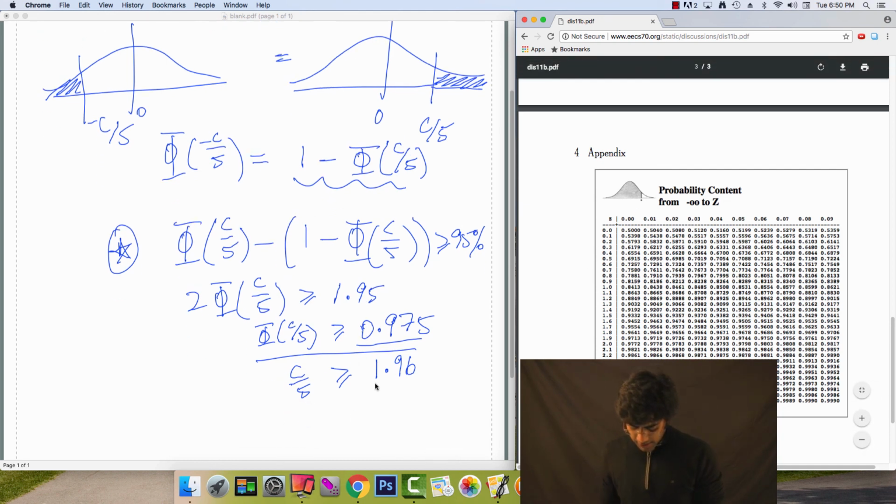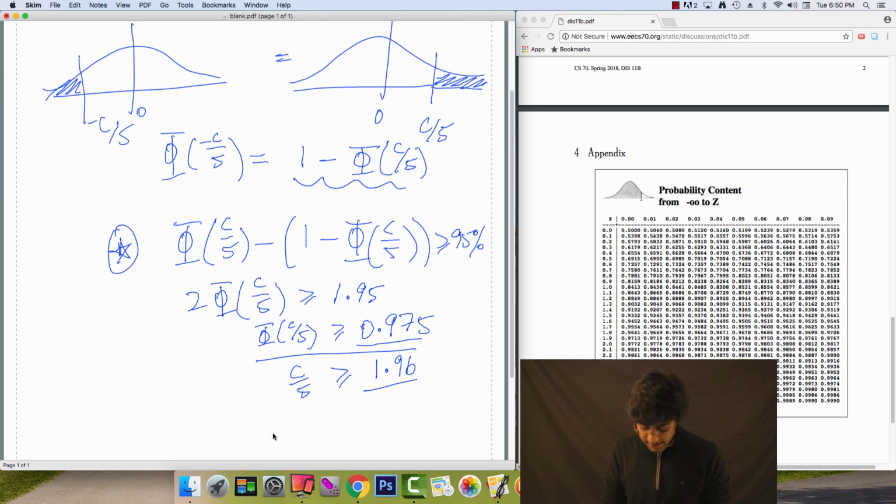And finally, if c over 5 is greater than or equal to 1.96, that corresponds to c being greater than or equal to 5 times 1.96, which is 9.8.